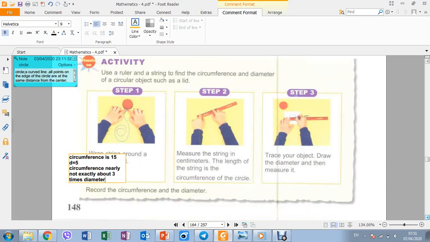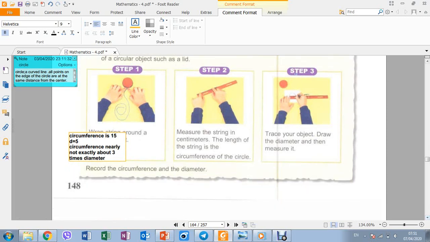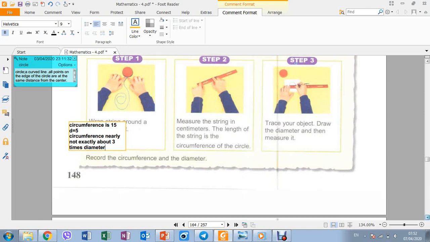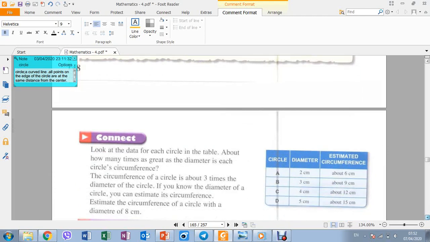In this model we know that, so record the circumference and diameter. We recorded the circumference is 15 and the diameter is 5. So in this model we knew that, nearly, approximately, not exactly, the circumference is 3 times the diameter.